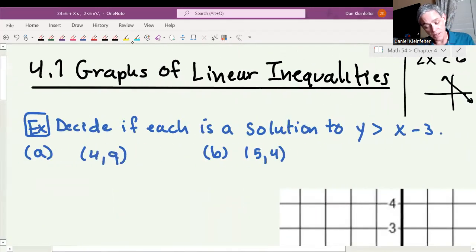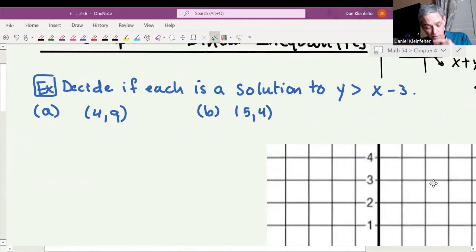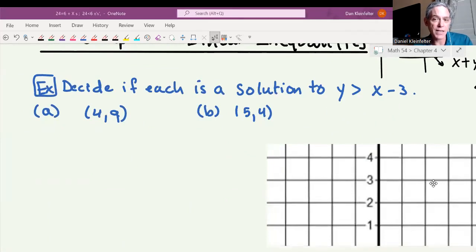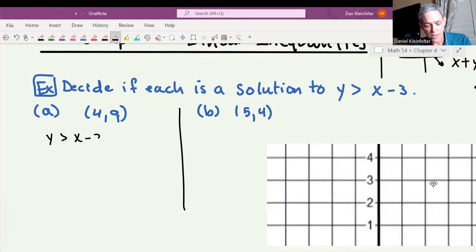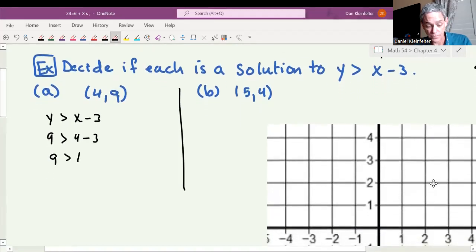So let's start by taking a look at this inequality: y is greater than x minus 3. Decide if each of the points (4, 9) and (5, 4) is a solution to this inequality. I'll do (4, 9) first. We replace the y by a 9 and the x by a 4, and we get 9 is greater than 1, and that's true.